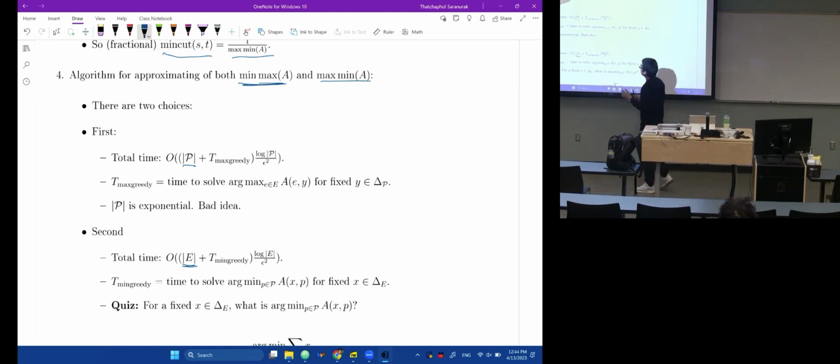So in each round, the max player will update the weights in time linear in the number of edges. That sounds good. It's just linear in the size of the graph. And then the min player needs to do something. We will see what he needs to do soon. But then there are some number of rounds, not too many. So this looks good. This is the one that we will choose.